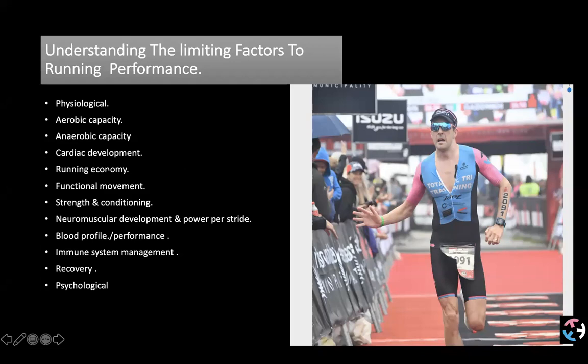One of the main ones is run economy and how that relates to functional movement and strength and conditioning, and also a little on the physiology side, and a little on neuromuscular development and power per stride. So how these aspects link. Obviously the others are really important as well, but we're not going to be able to do everything on today's webinar.